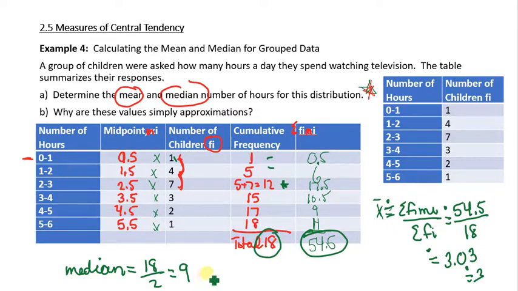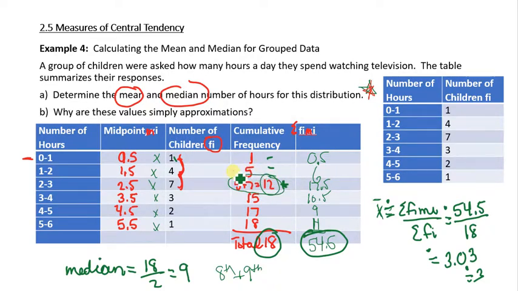What we do is take the 8th value and the 9th value and average them out. Both of those fall here because these values go between 6 and 12.